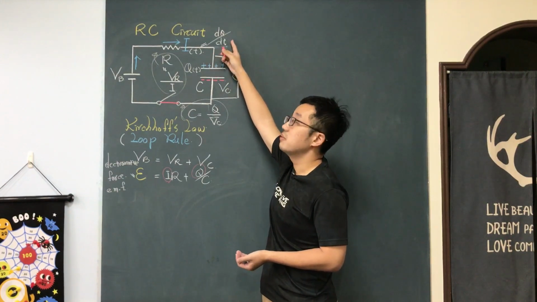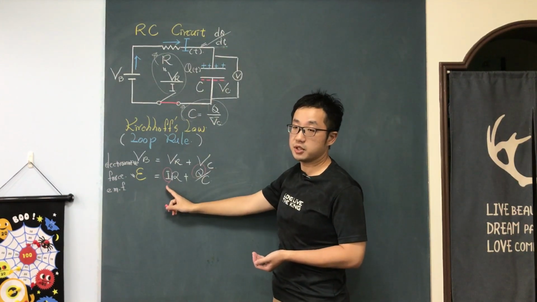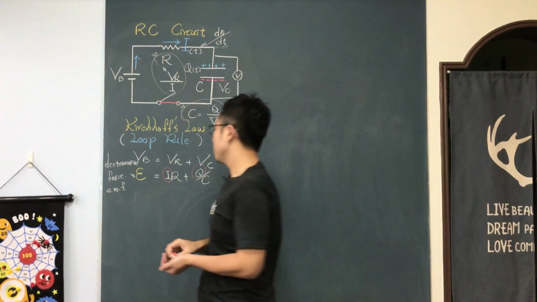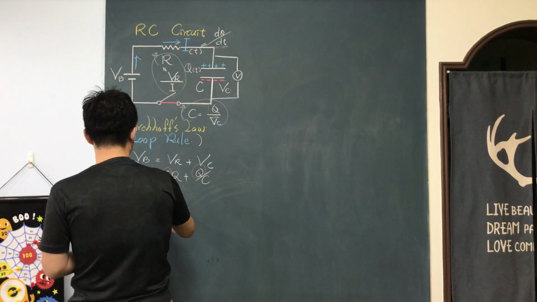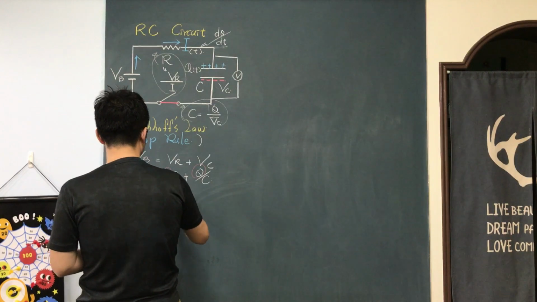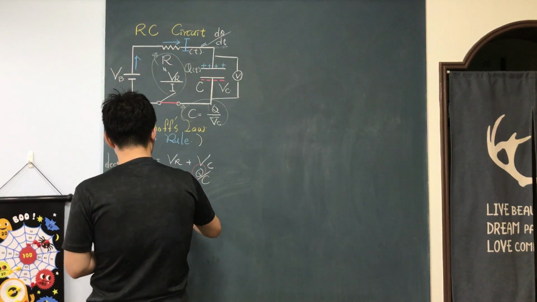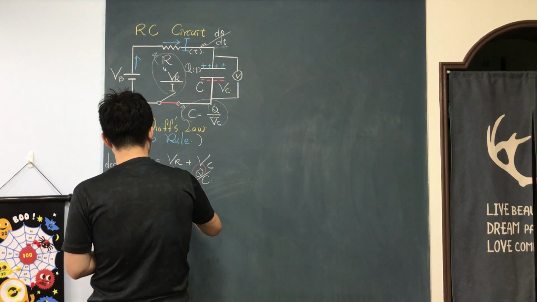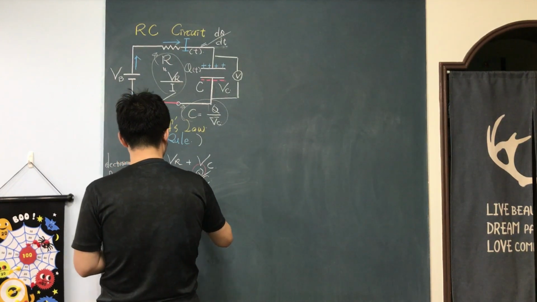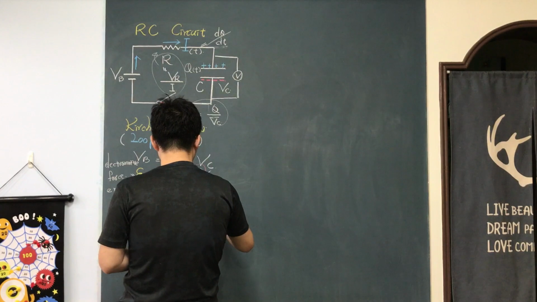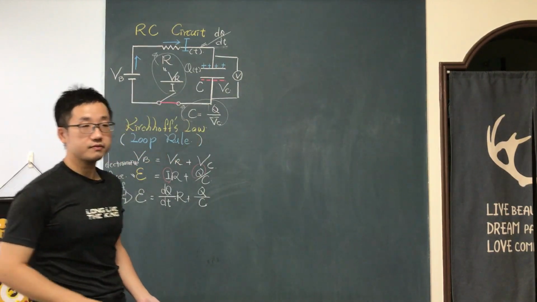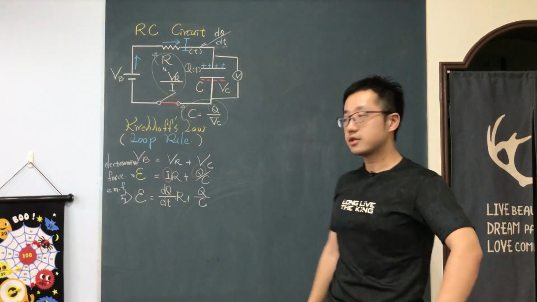So it's simply dq by dt. So I can change the I to be dq by dt, and keep writing like this. E is equal to dq by dt times R plus Q divided by C. Is it okay right now? So far so good.